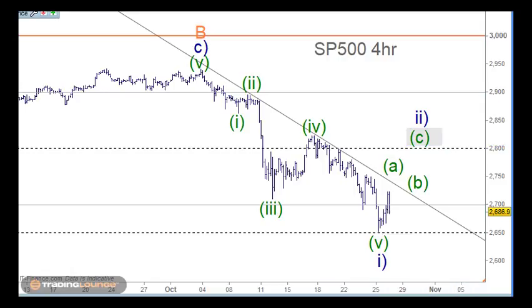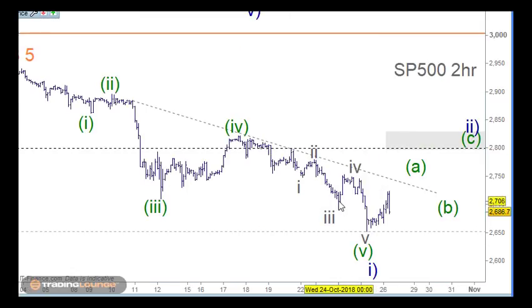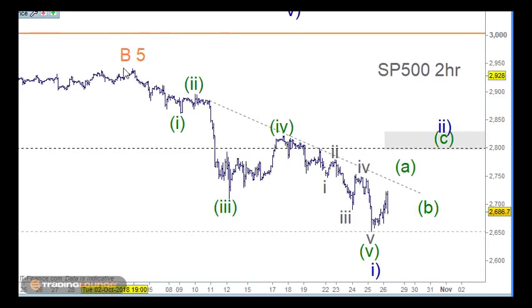If this top here is taken out, then we will be looking at some sort of move to the 2800 area through here. On the 2-hour chart, from the top here, 1 and 2 and 3 and 4 and 1 and 2 and 3 and 4 and 5. That's how I've counted that.